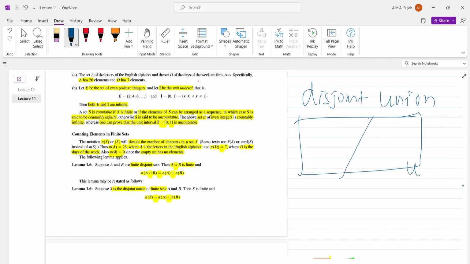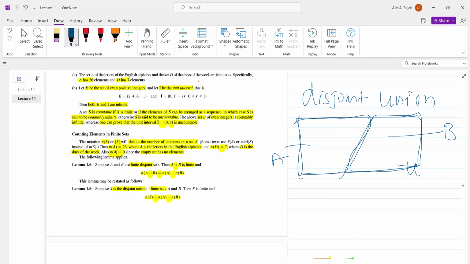Maybe this is your universal set. This is set A. This is set B. This is the universal set with disjoint sets. So this area we can say as A, and this area we can say as B, right?